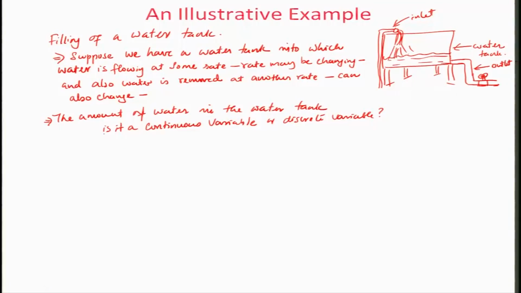The first question is the amount of water in the water tank at any given time. Is it continuous or discrete? Obviously, it can be thought about as a continuous variable. It is not a discrete variable. As time progresses, this value will keep on changing. If this rate is less, then the water will keep on rising. When this rate is more, the water will keep on decreasing. Okay.